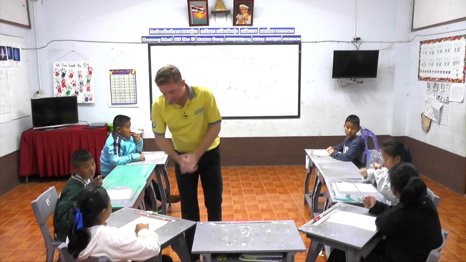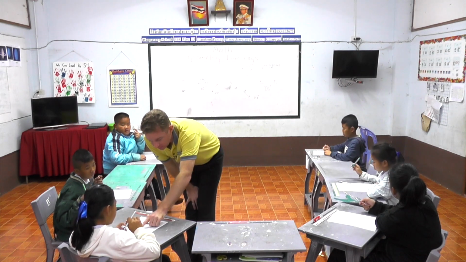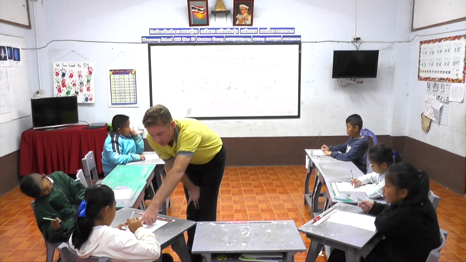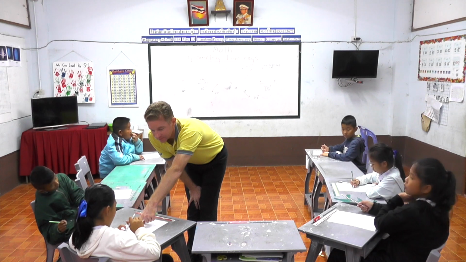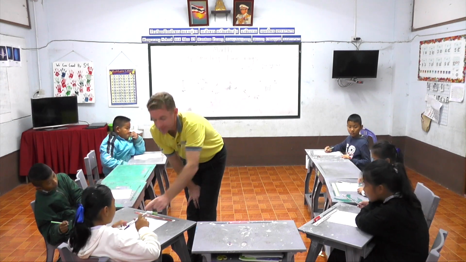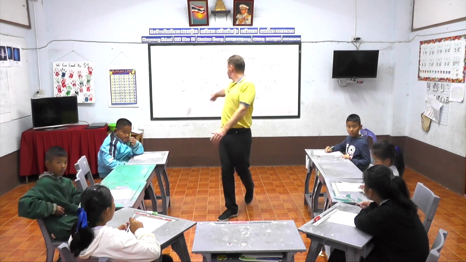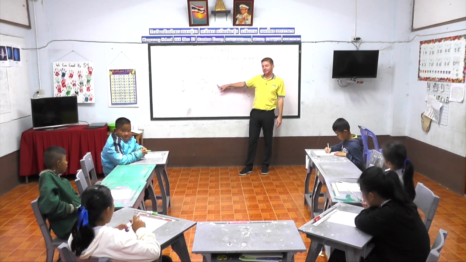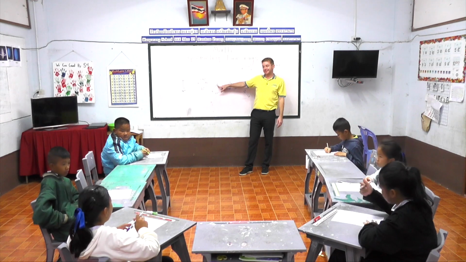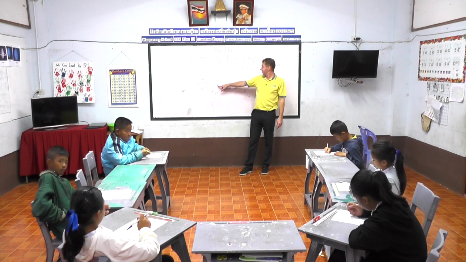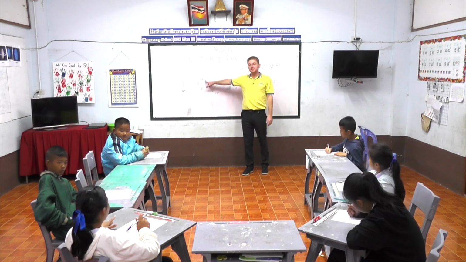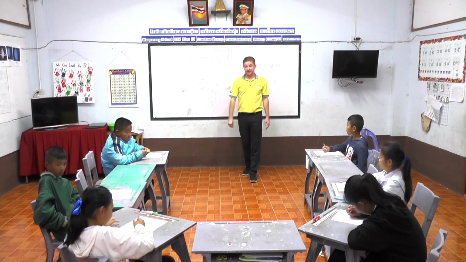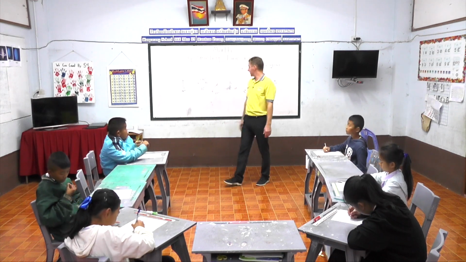Okay. So what do we have? We have a point here. And then what do we have at the other end? A point at one end and an arrow. Rays. A ray, a line ray that we've been learning today.